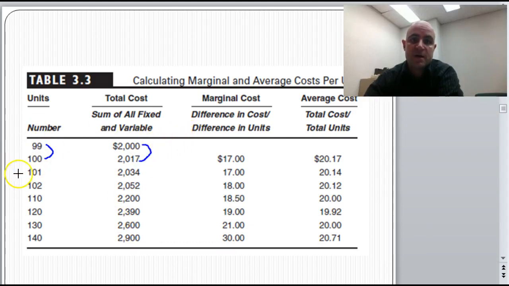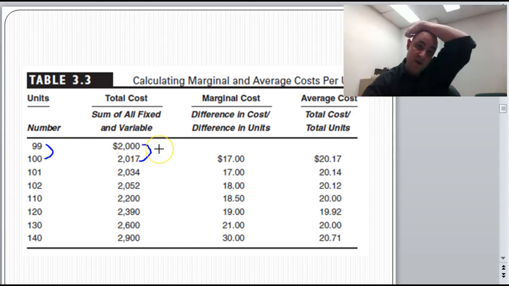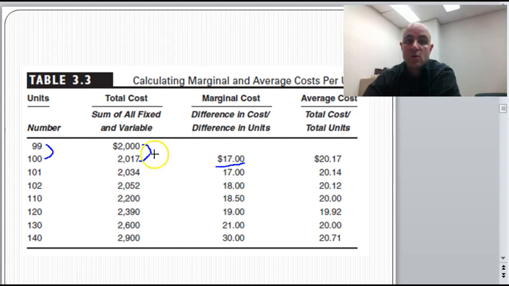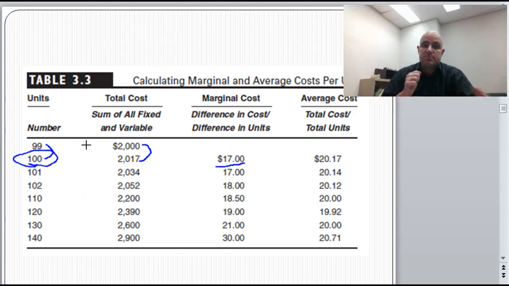Now, because we're going up by 1 here, it's pretty easy to calculate. You can see that when you go from 99 to 100, your cost goes up by 17. And so the marginal cost is 17, which is the cost of the 100th unit. And if you're doing a marginal analysis and you're trying to decide if you want to buy that 100th unit or sell that 100th unit, that's all you want to look at, the cost of that unit.